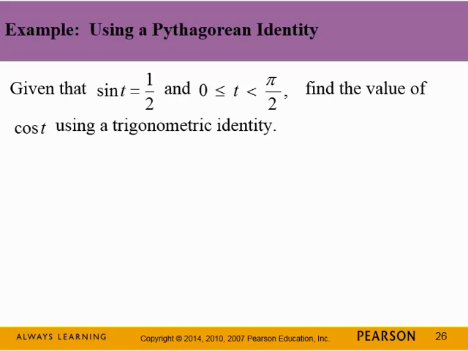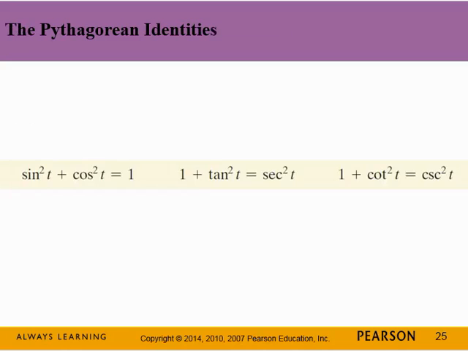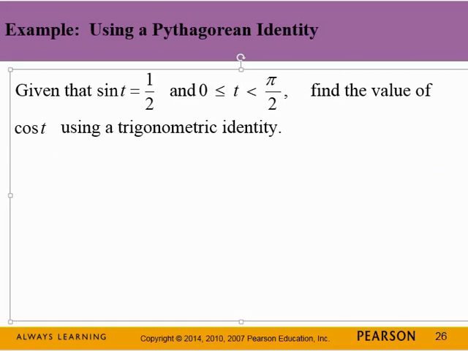So you are given that sine t equals 1/2, and t is somewhere between 0 and pi over 2. So find the value of cosine t using your trig identity. So you want to think, which one do I have, sine and cosine? Your first one, so you have sine squared t plus cosine squared t.